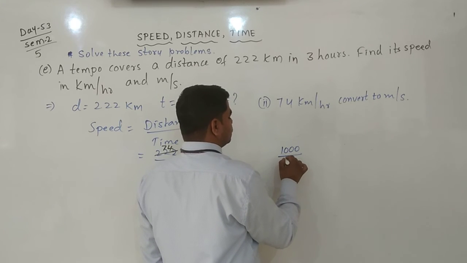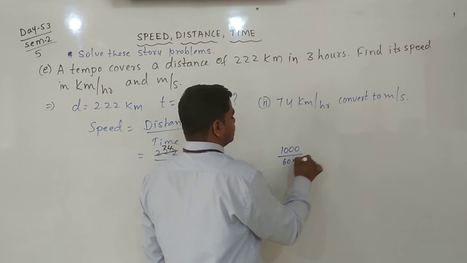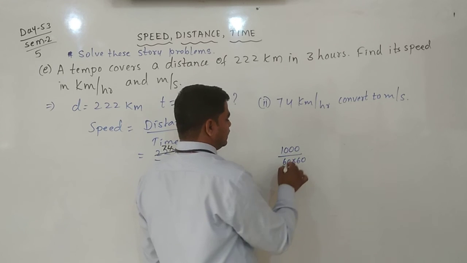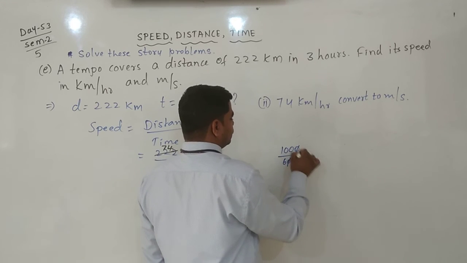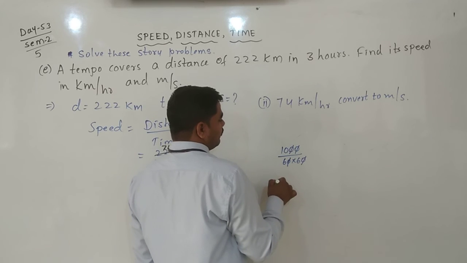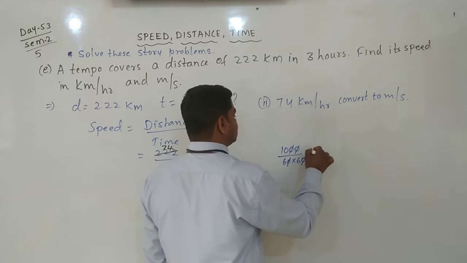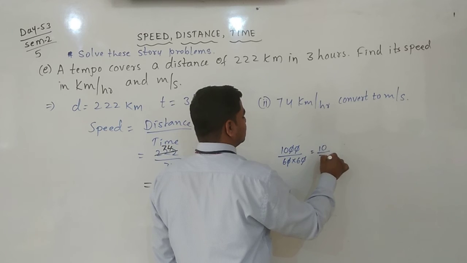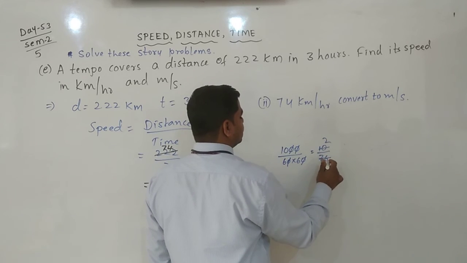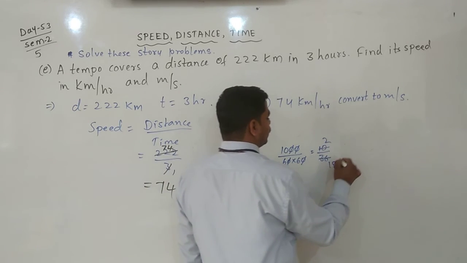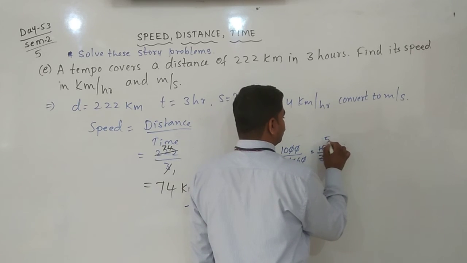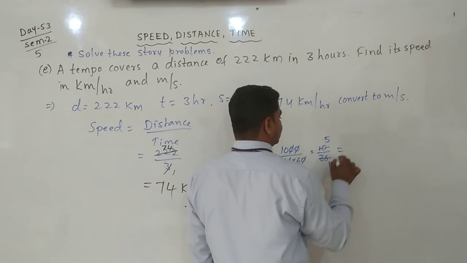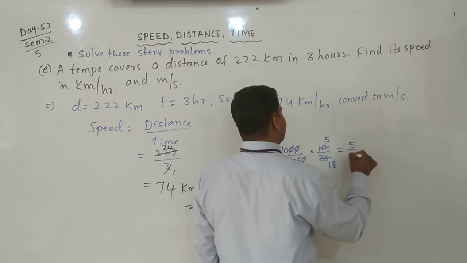Yes or no? That is 3600. This one 0, this one 0, both zeros will cancel. Next here 36, 10 by 36. 2 5s are 10, 2 18s are 36, then 5 by 18.